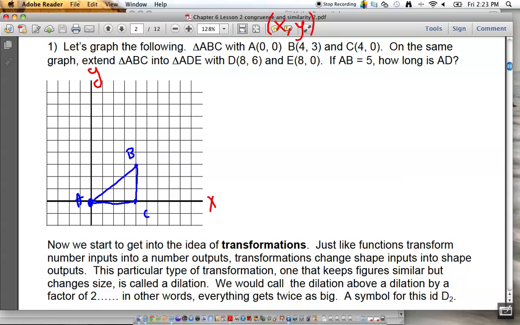Some people did it the opposite way. And then 4, 0. Some people put it up here. That's backwards.